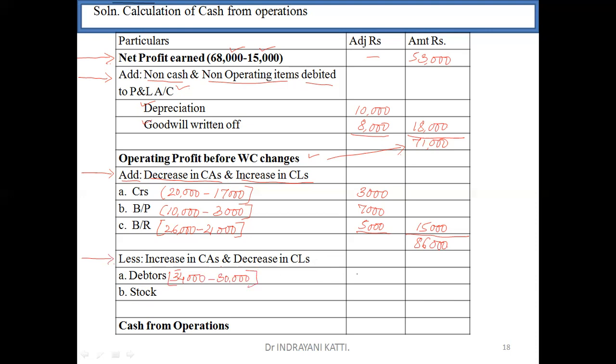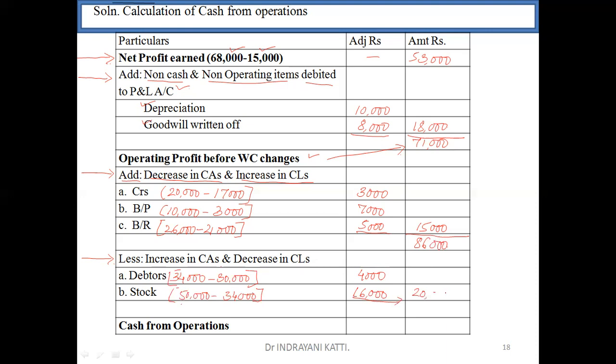That's why increased by rupees 4,000. Stock, first year it was 34,000, second year it has become 50,000. So 50,000 minus 34,000, the difference is rupees 16,000. The total of these two is rupees 20,000. Write it in the outer column as 20,000.